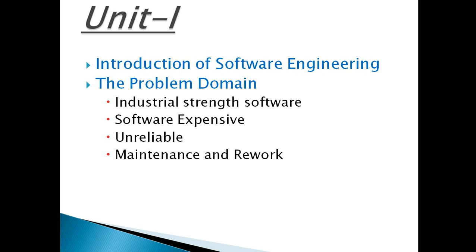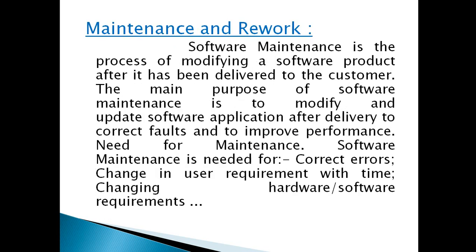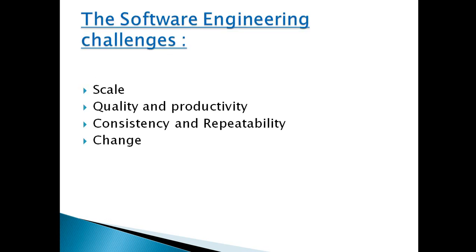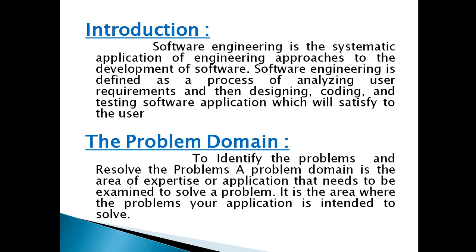And how can those problems be solved? That is to be discussed in the problem domain. And similarly, the software challenges: what should the developer consider during the development of the software, that ought to be discussed in the second topic. And earlier we discussed the introduction to software engineering, right?